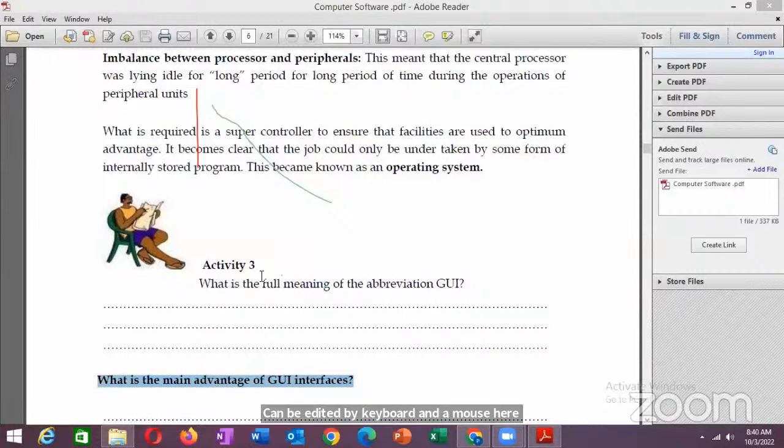Easy to handle, easy to access, simple, easy for communication. It's simple, easy to handle. Simple.